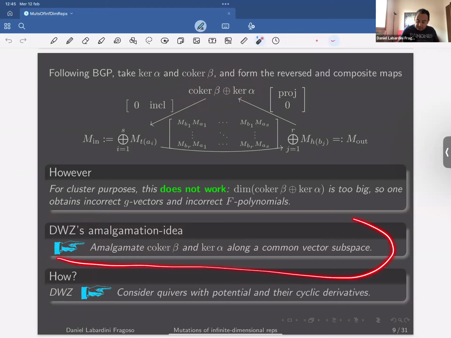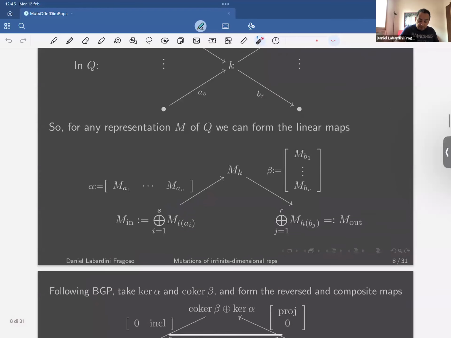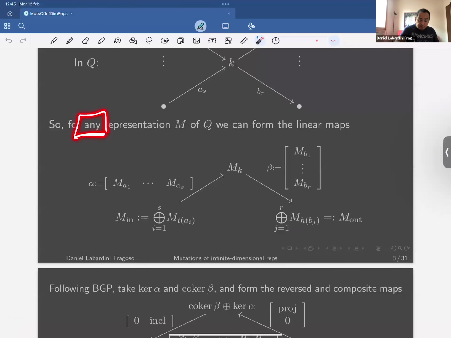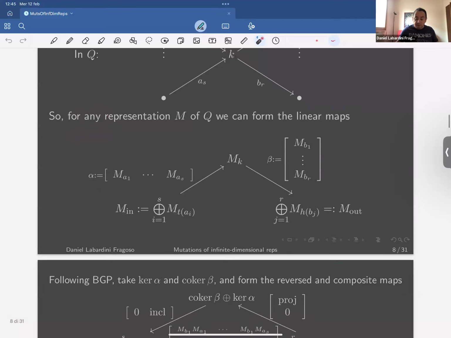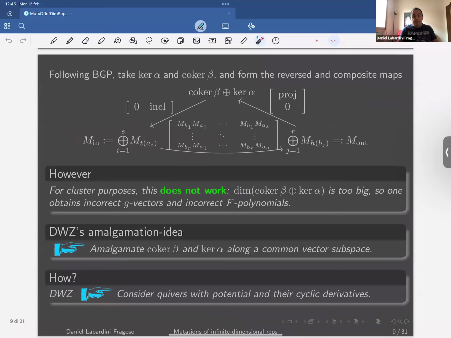This idea, I think, is a really genius idea from Derksen-Weyman and Zelevinsky. And how? Well, what they say is, okay, let's not do it for arbitrary representations of the quiver, but let's try to do it for those representations that are annihilated by the cyclic derivatives of a potential on the quiver.